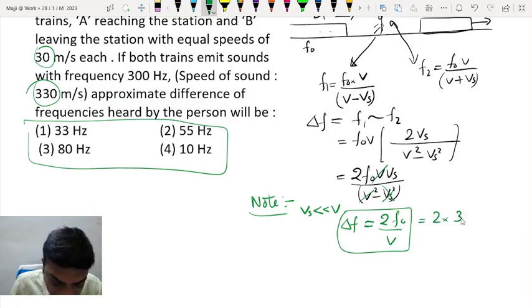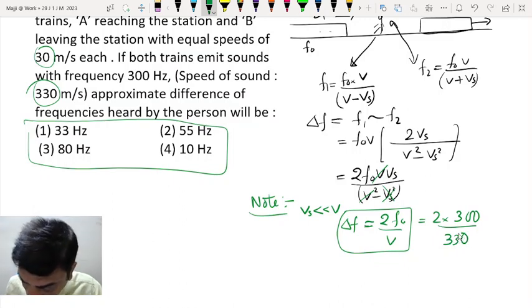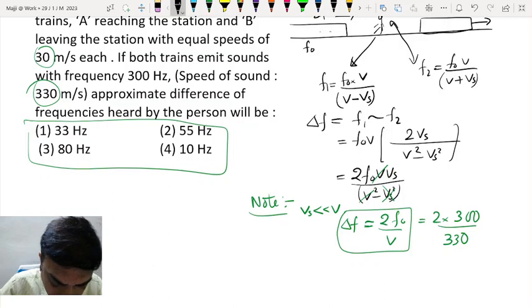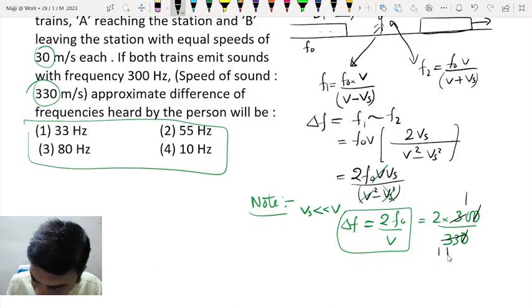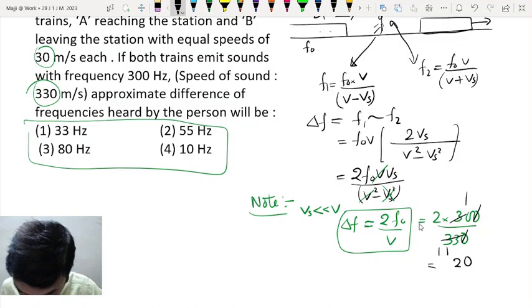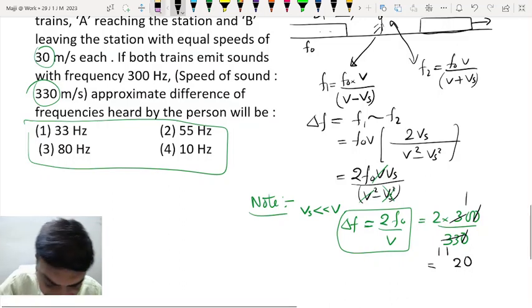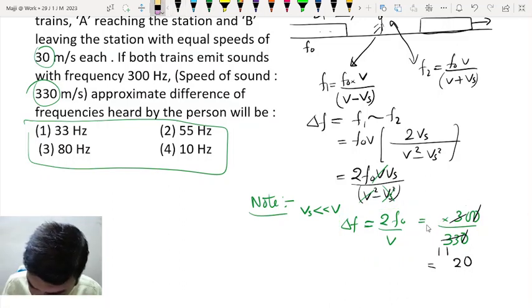f0 is 300 Hertz and V is 330. Is it 330? Yes. Vs is missing here, I'm sorry.